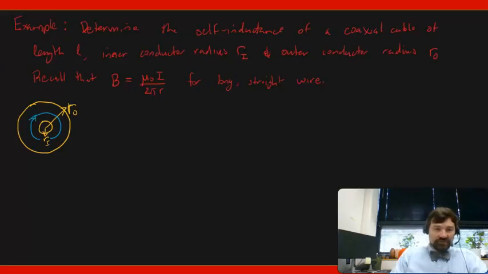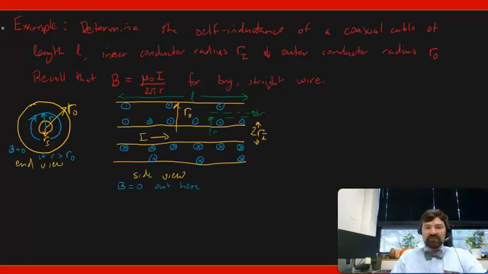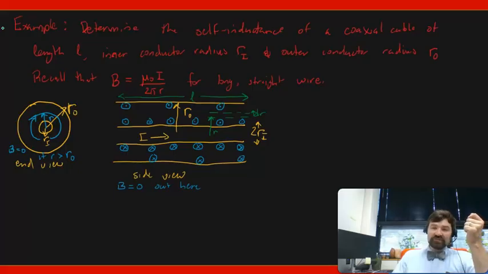Then this would be distance R for the Ampere's law equation. Alright, so I've drawn both an end view and a side view of this situation. Essentially, you have your magnetic field that's being produced by the inner conductor carrying a current. The outer conductor actually carries a return current, so the current's in the opposite direction and of equal magnitude.